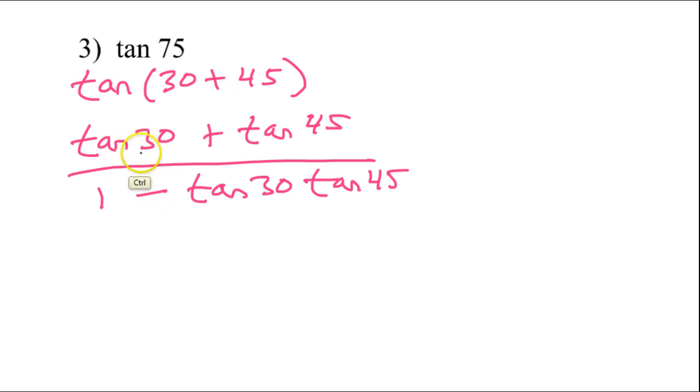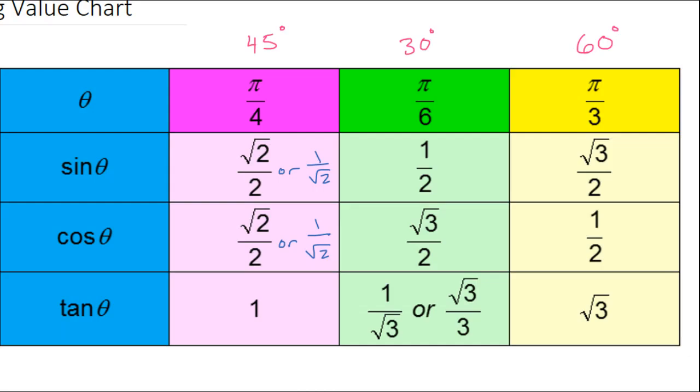And we have all these memorized. So the tangent of 30 is radical 3 over 3. The tangent of 45 is 1. Okay, and again, I'm just pulling all of this off the chart.